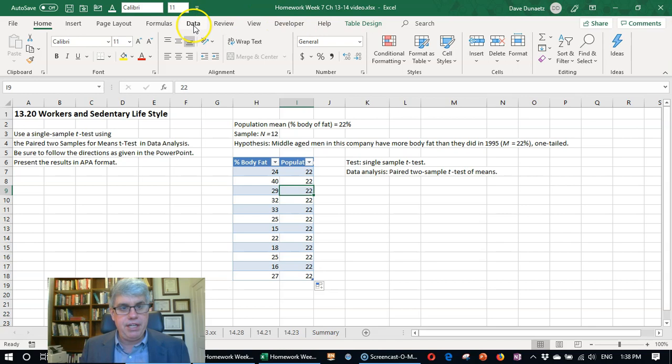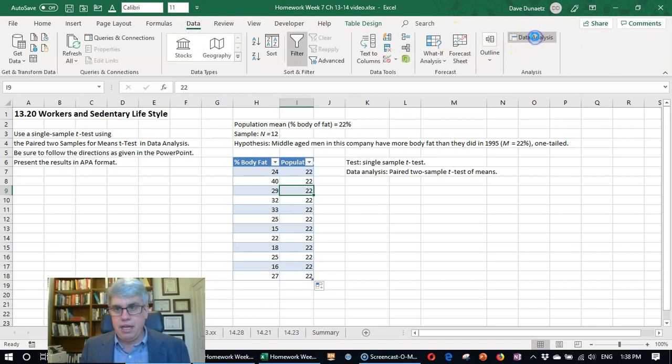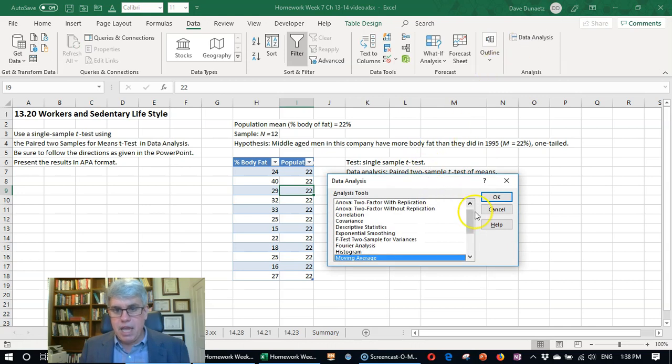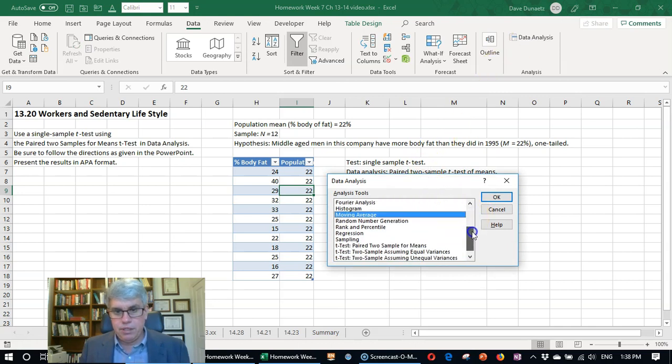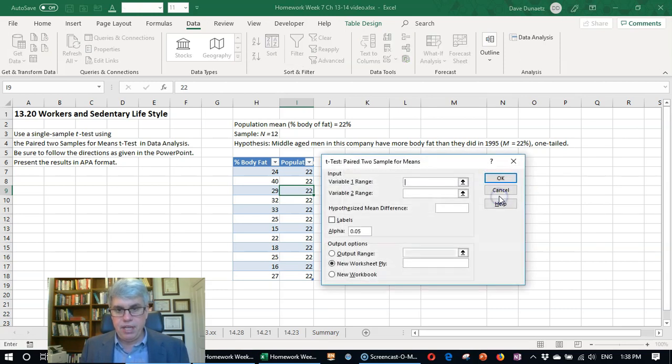So we go to data analysis, and we're going to go to paired two sample for means. You go to OK, and the sample for variable 1 is going to be the top. So I click on the top, Control Shift down arrow. I'll put this in for the variable 2 range.